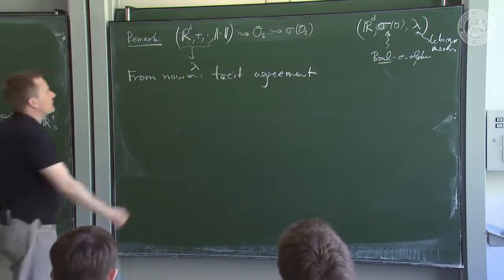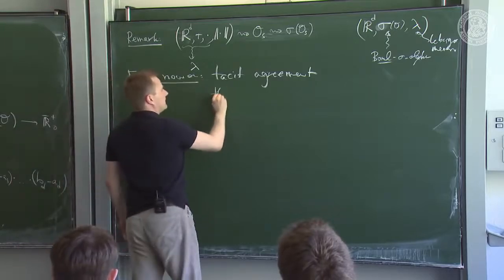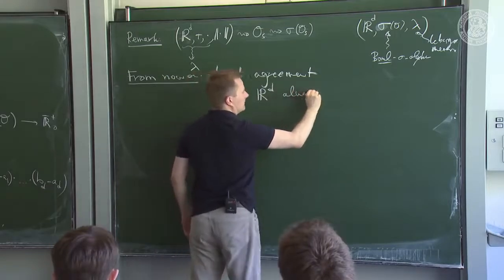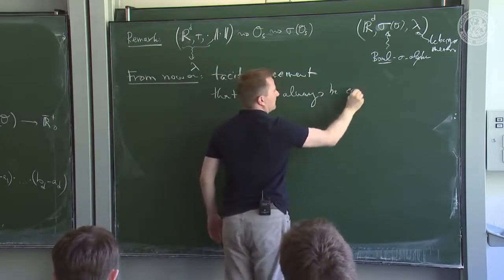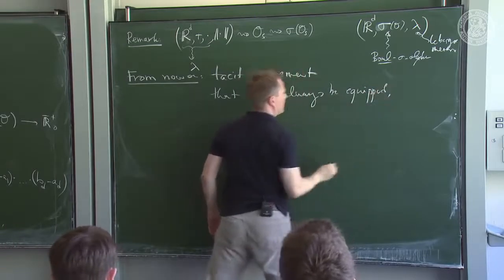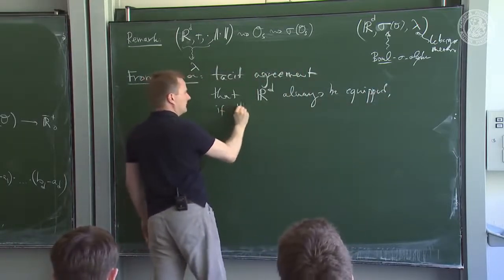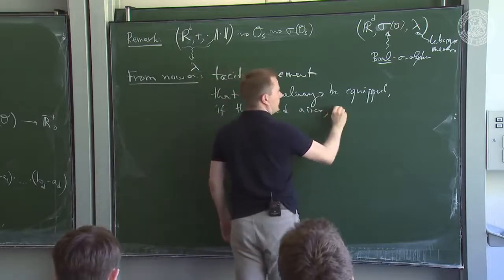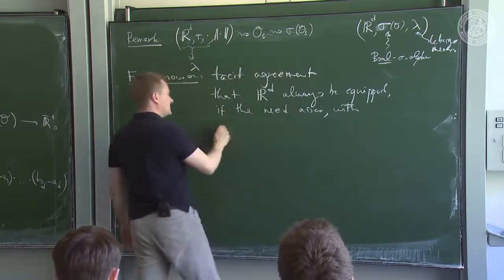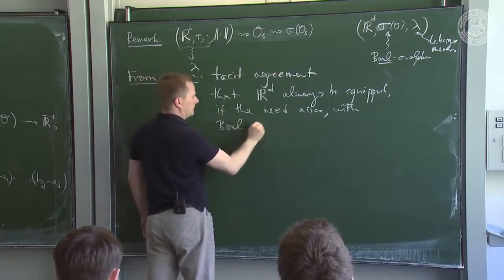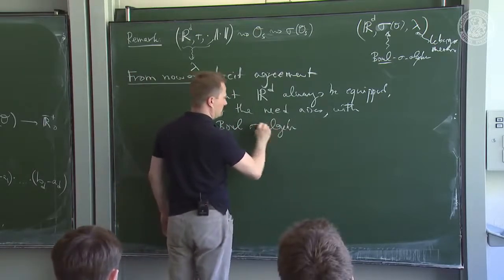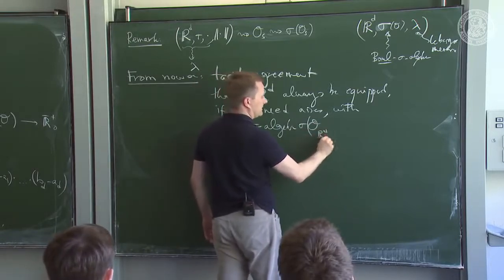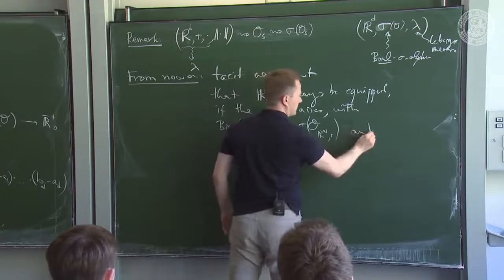But anyway, from now on, we have the tacit agreement that R^D will always be equipped, if the need arises, with the Borel sigma algebra sigma of O_{R^D} standard and the Lebesgue measure.